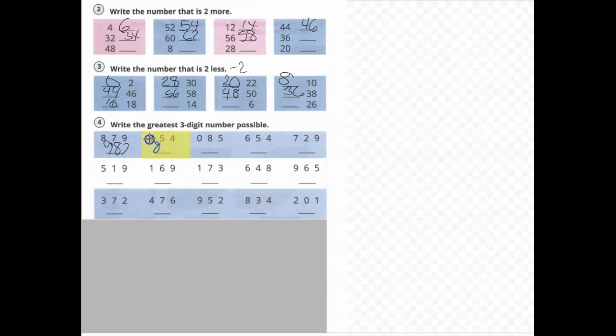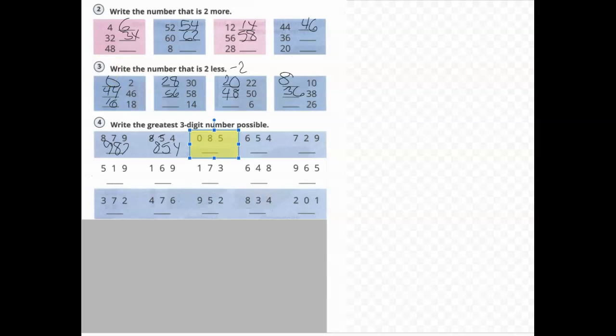Now I've used up my 8, so what's the next largest number? 5 or 4? 5 is, so I'm going to write my 5. And then the last one is the number 4. So I wrote the number 854. Do you see how I did that? Okay, let's do the next one together.